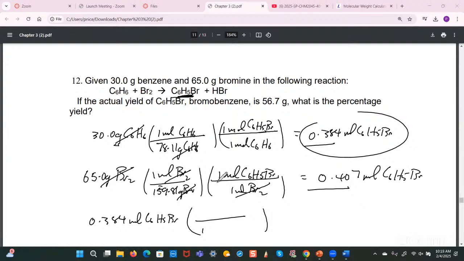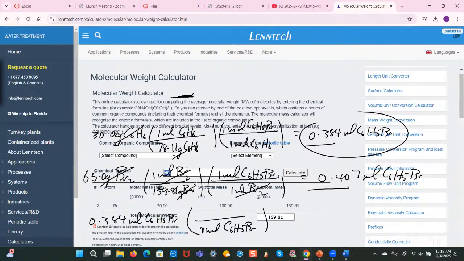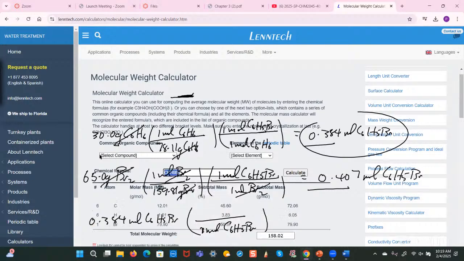Okay, so down here, I'm going to have 1 mole of C6H5Br, and up top, the molar mass. So again, I'm going to plug the formula into my calculator here. C6H5Br, 158.02.